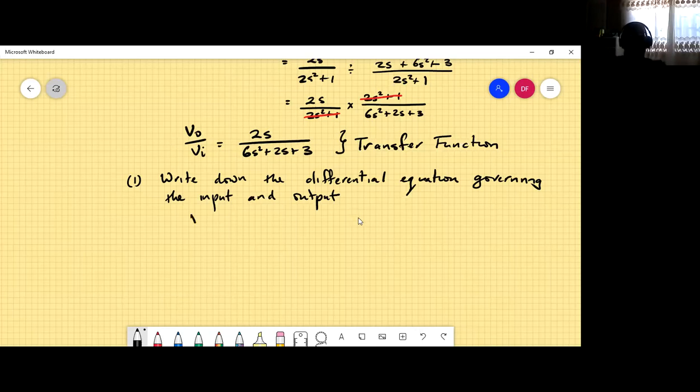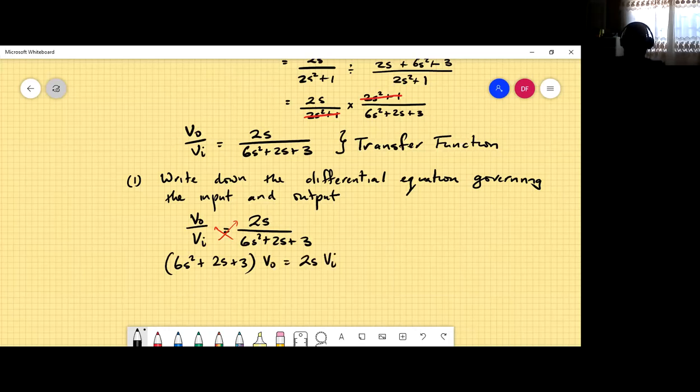So if I cross multiply, then what I'm going to have is 6s squared plus 2s plus 3 V out is equal to 2s V in.